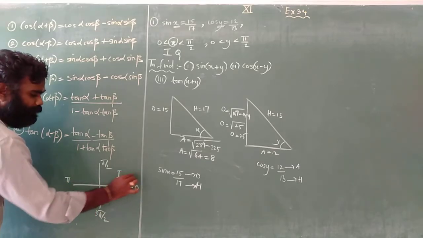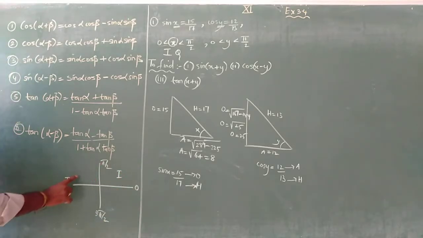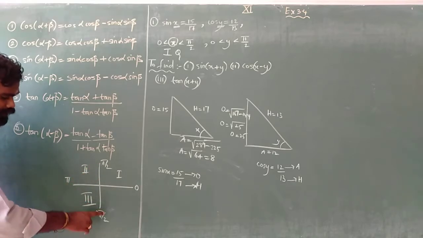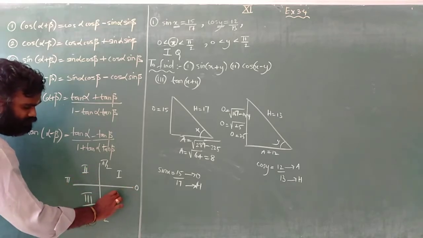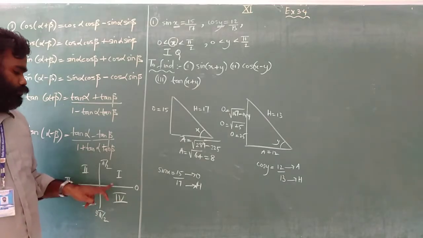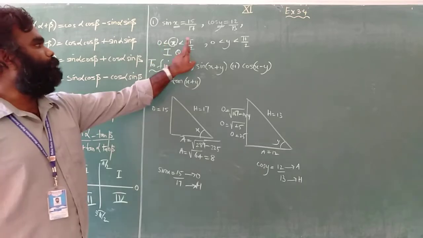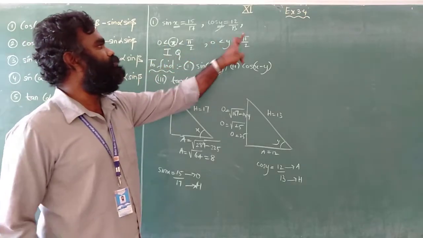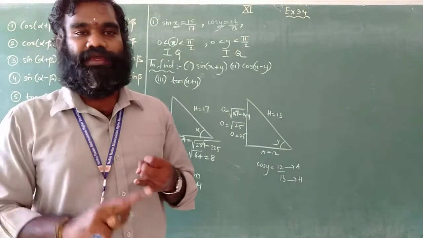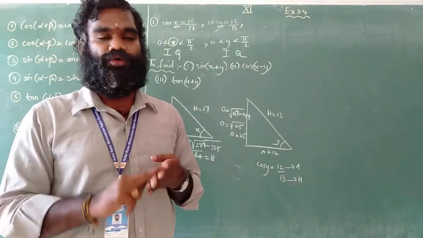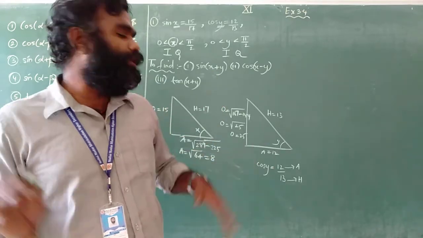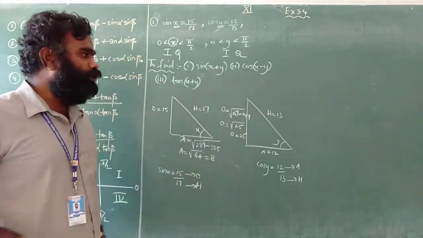So 0 to pi by 2 is the first quadrant, pi by 2 to pi is the second quadrant, pi to 3 pi by 2 is the third quadrant, and 3 pi by 2 to 360 is the fourth quadrant. The same, this one is also in the first quadrant. In the first quadrant, sine, cos, tan, cosecant, secant and cot are all positive. There will be no negative.